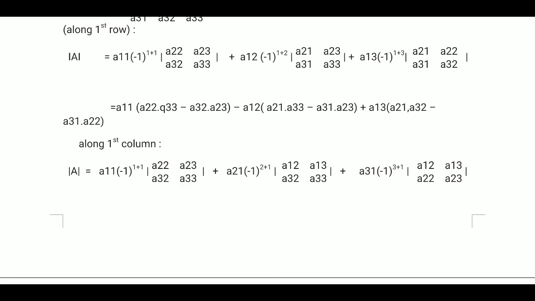After calculation we get the value of the determinant, and this will be the same. In this manner we can find the determinant value of a square matrix along any row or any column.